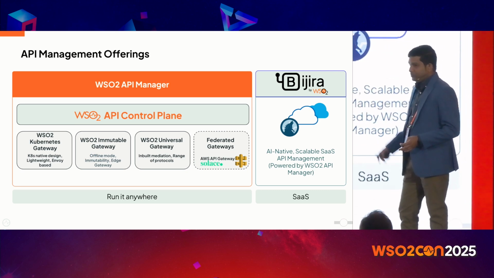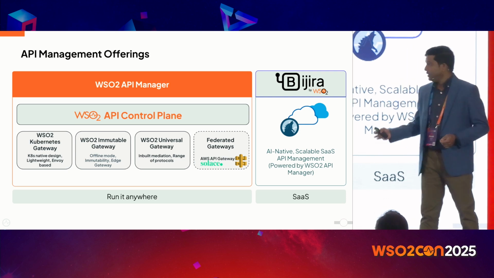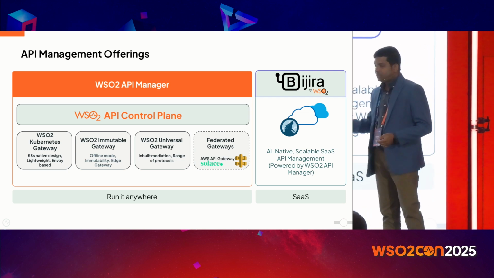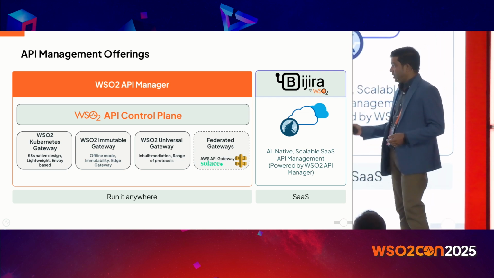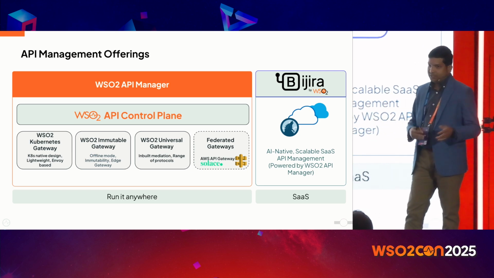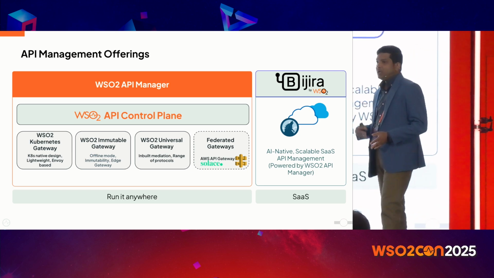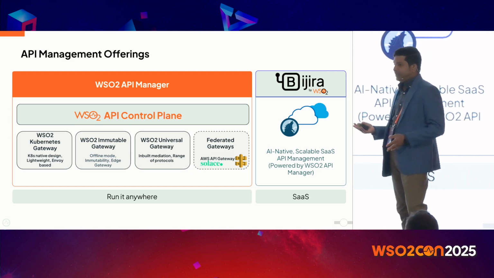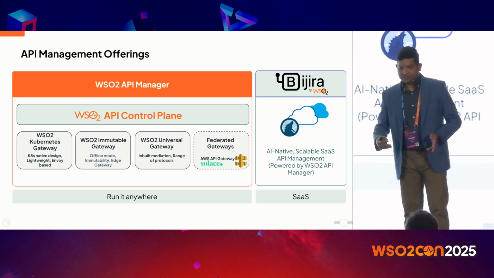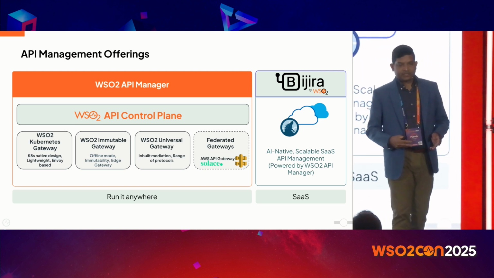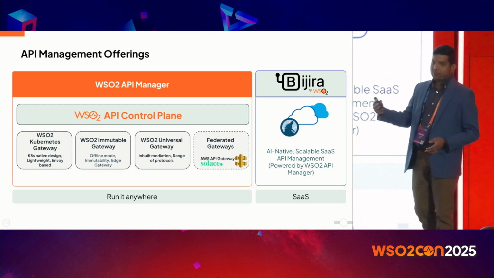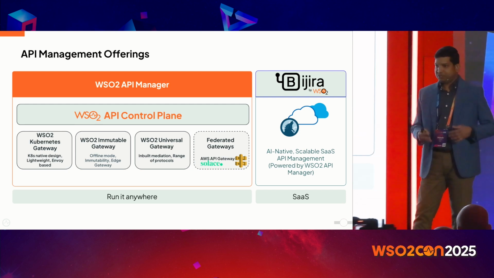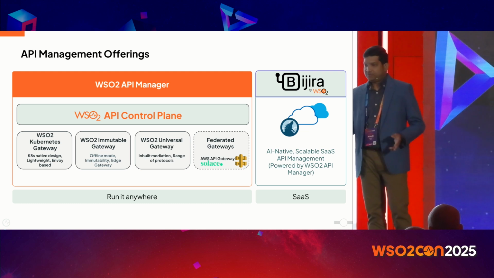Now we are introducing federated gateways, which come along with AWS Gateway and Solace. Solace was there in the previous cases as well, but we have introduced these under federated gateways, and we will be expanding them to support more and more third-party gateways like Apigee, Kong, MuleSoft, likewise.